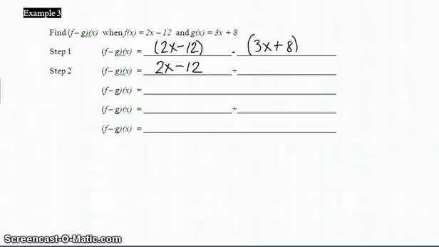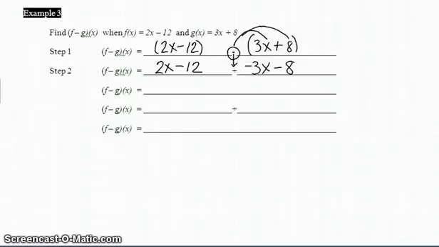Here, what we're actually doing is using the distributive property, and we're going to distribute that -1 throughout the second expression. When we do that, we need to change the sign between the functions from subtraction to addition. So this second function becomes minus 3x minus 8.